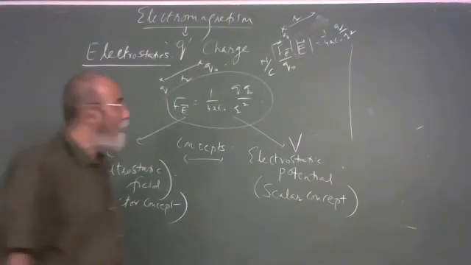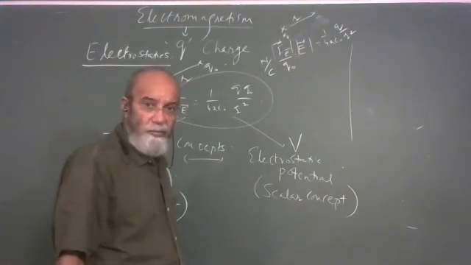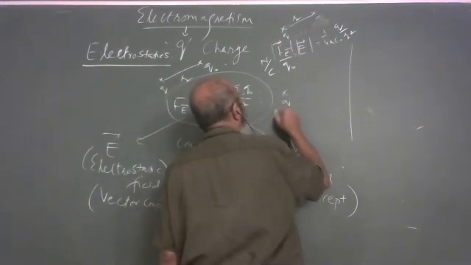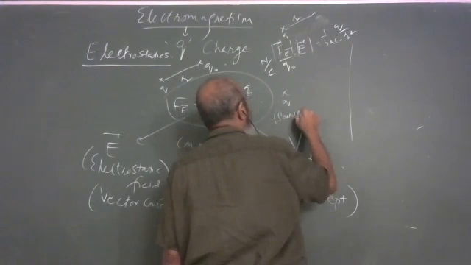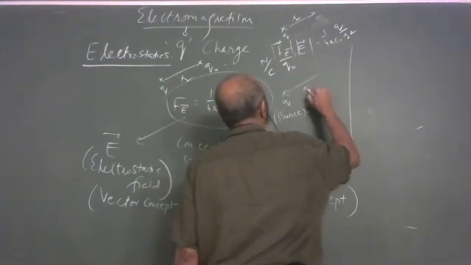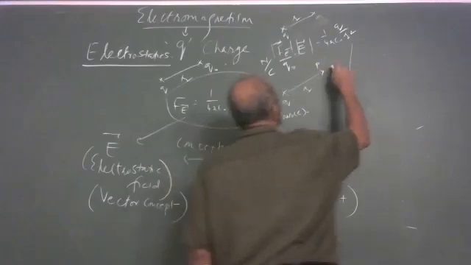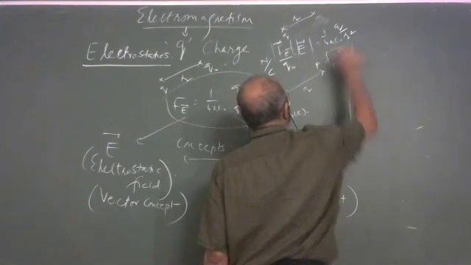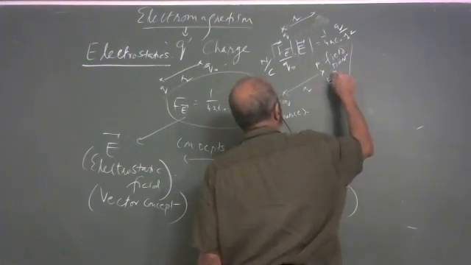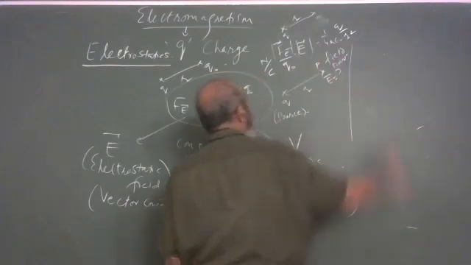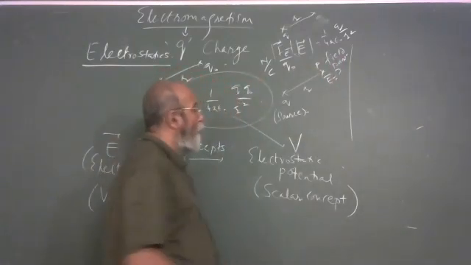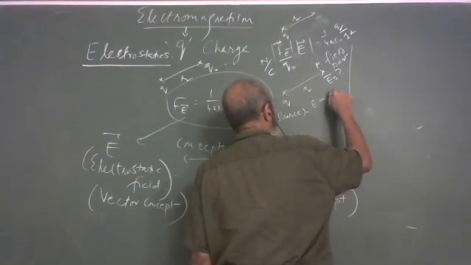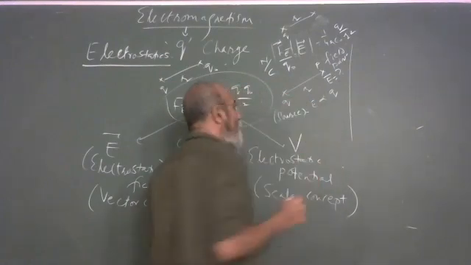What is it? I've got Q, which I call source. At a distance R, I've got a point P, which I call the field point, and here I have the electric field. The electric field in magnitude is proportional to the intensity of the source.